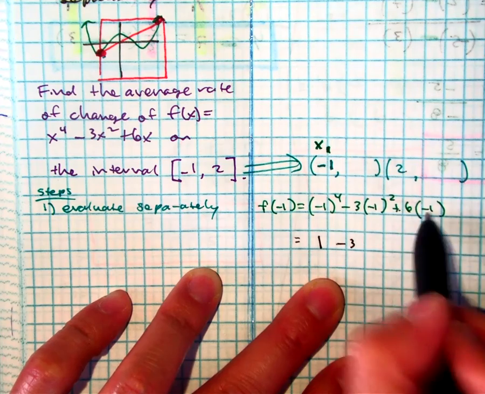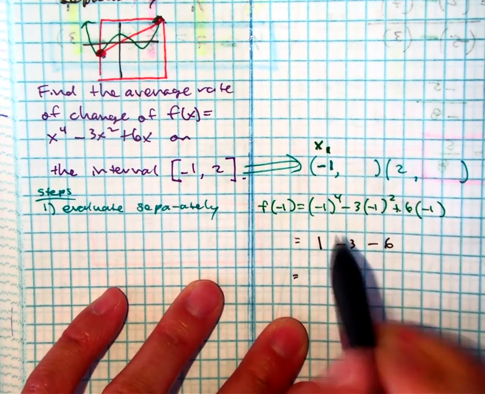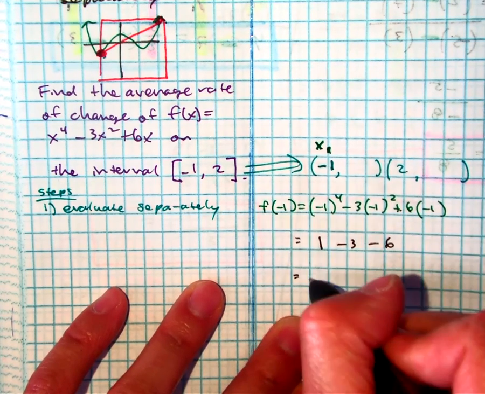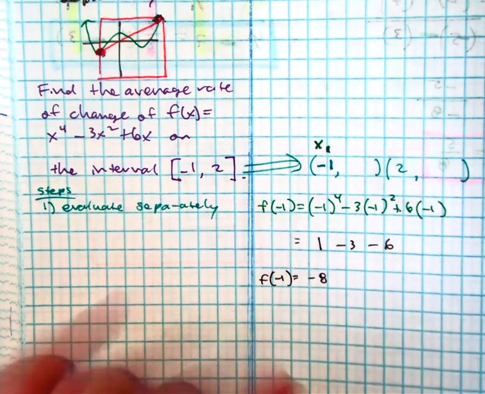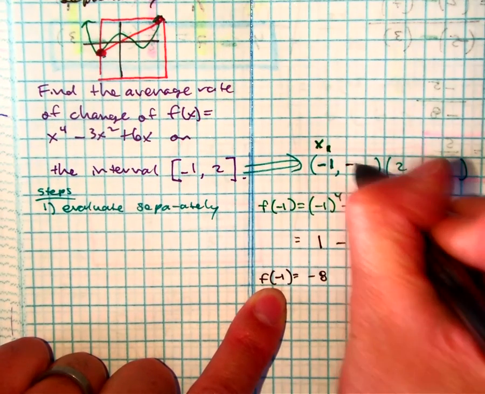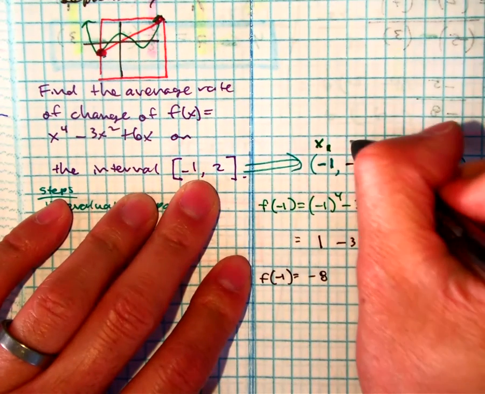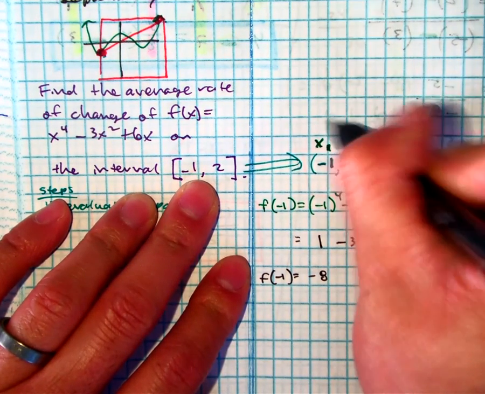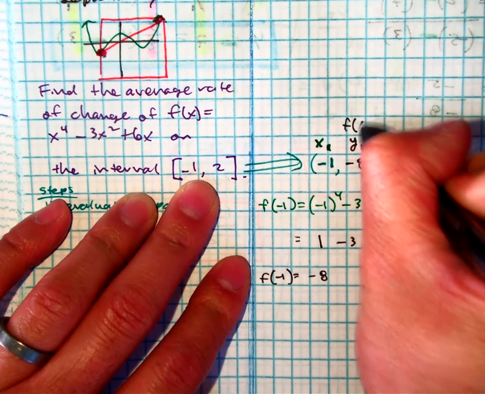And 6 times -1 is -6. Then 1 minus 3 is -2, and -2 minus 6 is -8. So here is my first ordered pair, (-1, -8). You can think of this as your y1 value, or something more fancy, f of x1.